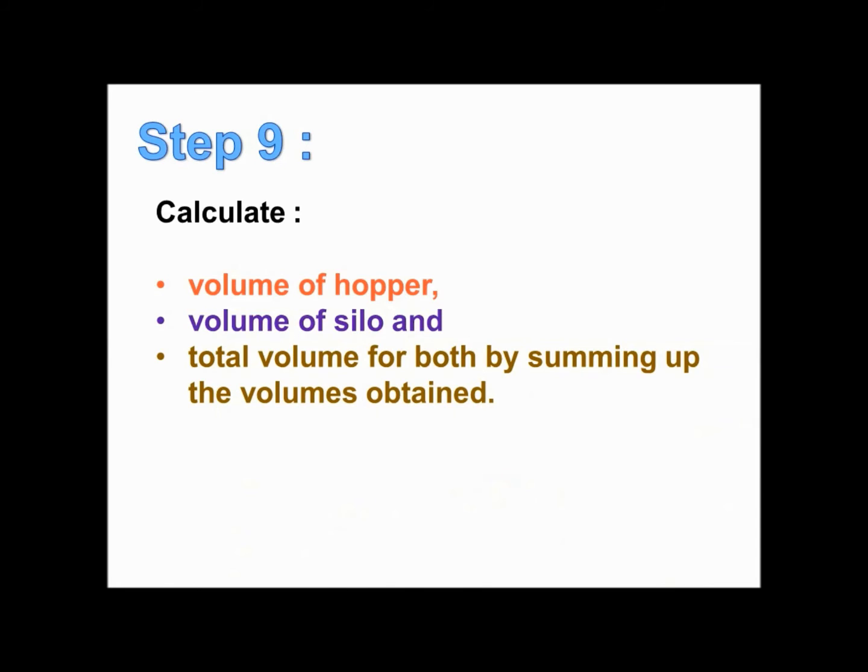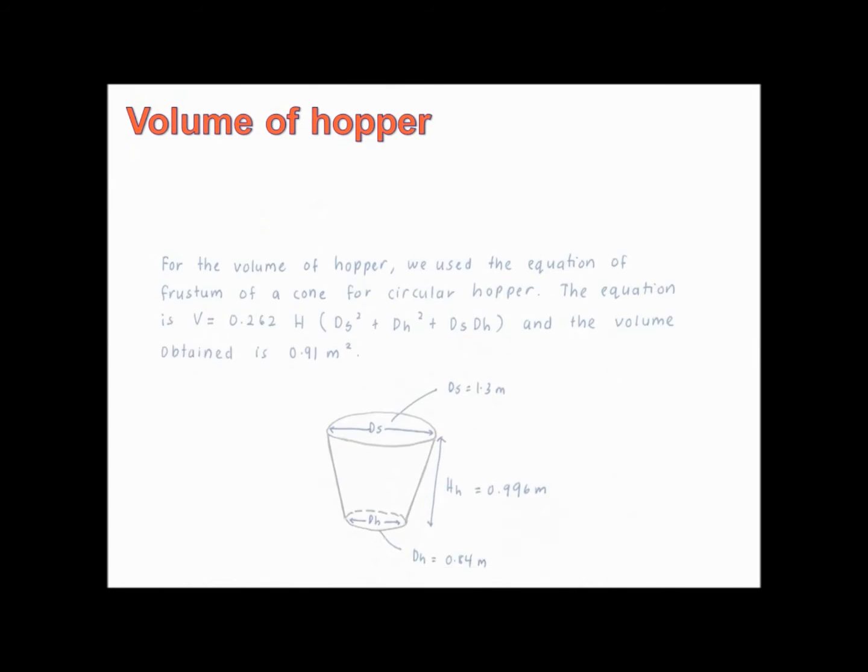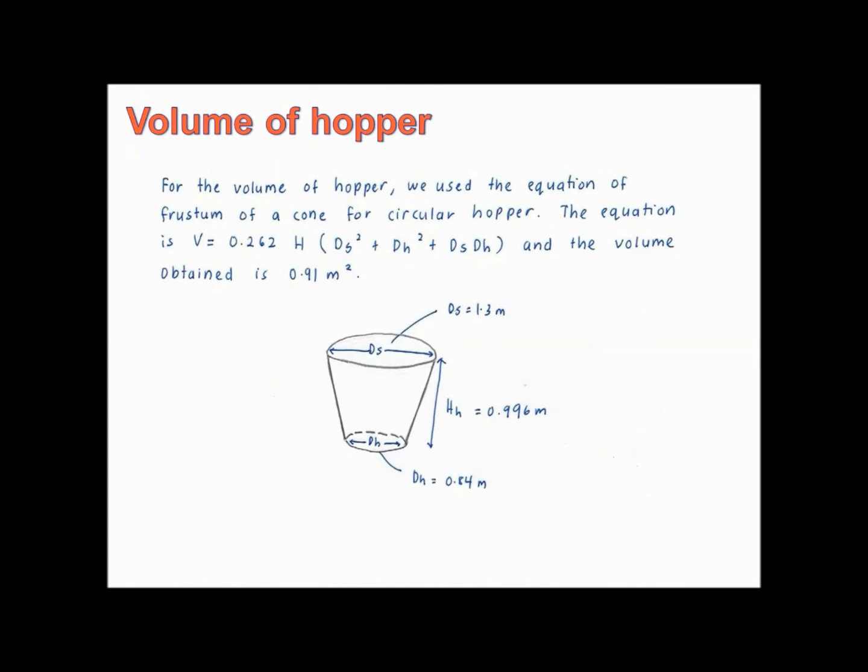Step 9. Now we have to calculate the volume of hopper, volume of silo, and total volume for both by summing up the volumes obtained. For the volume of hopper, we use the equation of frustum of a cone for a circular hopper. The equation is V equals 0.262 h times (ds square plus dh square plus ds times dh), and the volume obtained is 0.91 meter cubed. For the volume of silo, the equation of a cylinder is used.